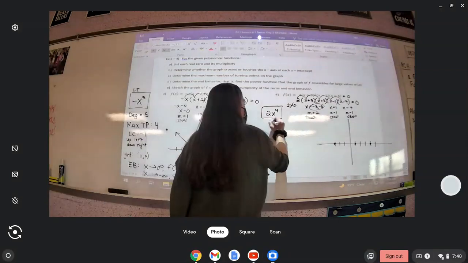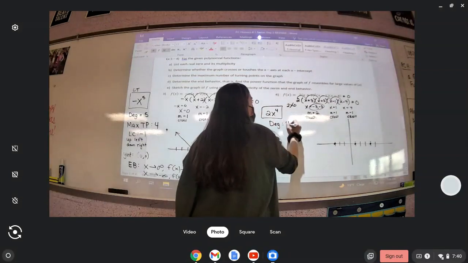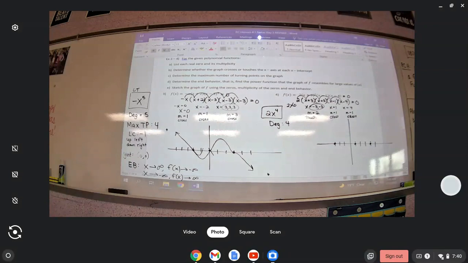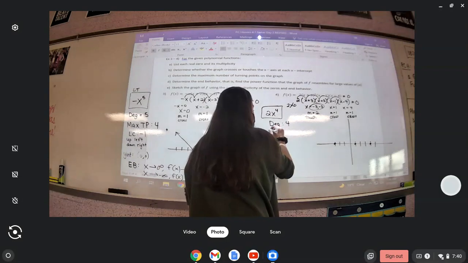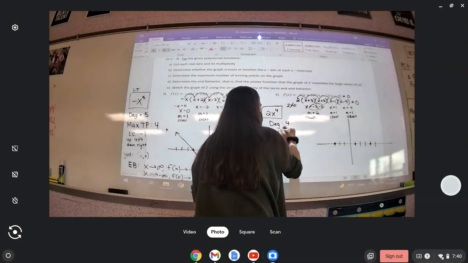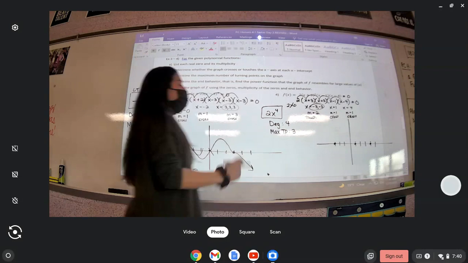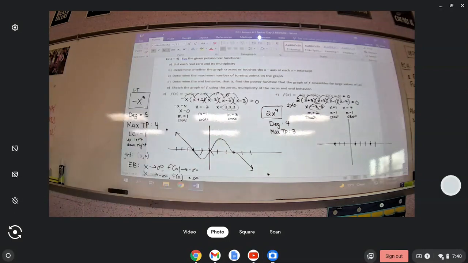So what degree is this polynomial? 4, which means it can have at most how many x-intercepts or zeros? Oh, I keep messing you guys up. The x-intercepts or zeros are at most the degree, so they can have at most 4. But then the max turning points will be 3, at most the degree minus 1.